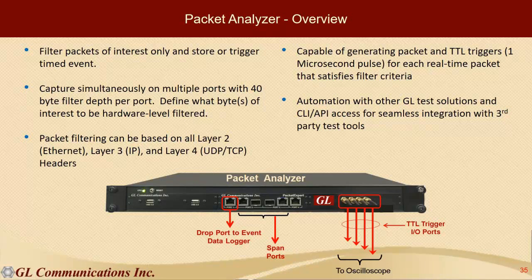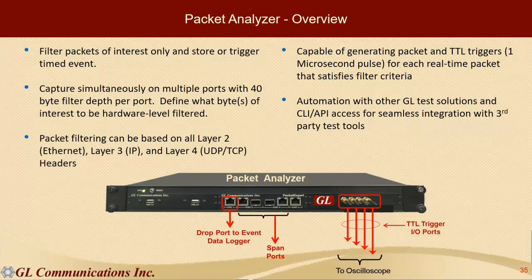But as those packets flow through the device, it has a filter, and a filter can be defined to pick off a packet of interest. So when I mentioned earlier the PTT bit in the RTP packet going high or low, we can be looking for those things as the RTP packets flow through. And when they happen, we have the ability to time it.